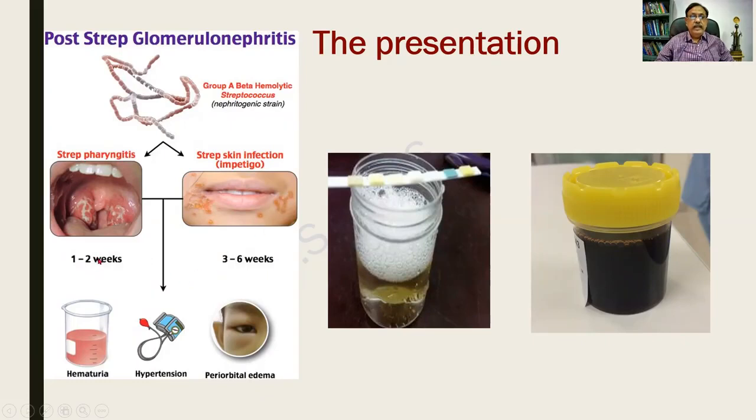And after a period of about 1 to 2 weeks in the first case, 3 to 6 in the second, there can be the various manifestations such as hematuria, hypertension, and a periorbital edema. So there can be a hematuria, as you see a cola-colored urine. There can be some amount of proteinuria also.